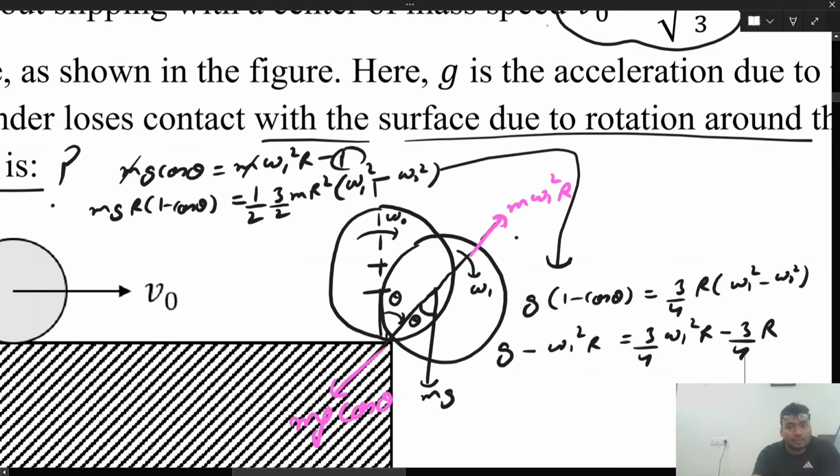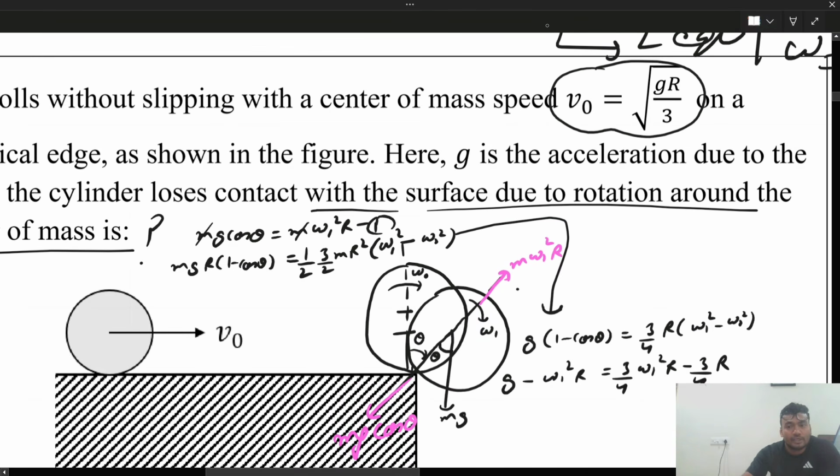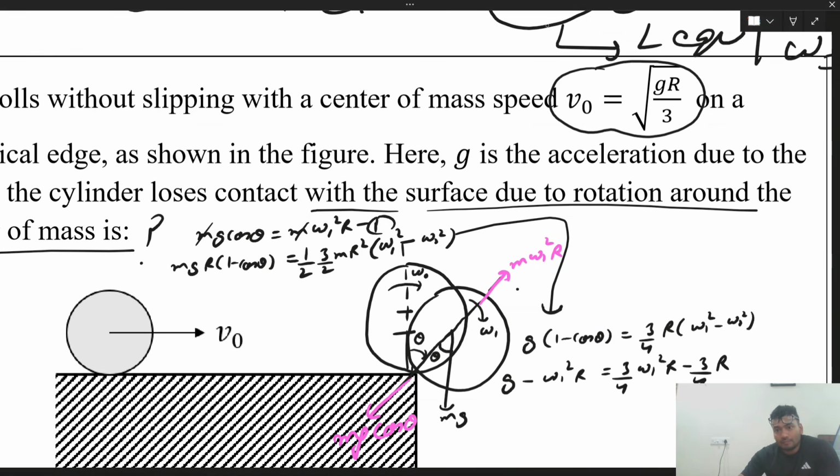Now how to write down omega naught square? You see the given equation to us, v naught equals root gr by 3, so you can write v equals omega r. So omega naught will become root g by 3r, right? So you can directly put it here, and okay, so this is g by 3r.